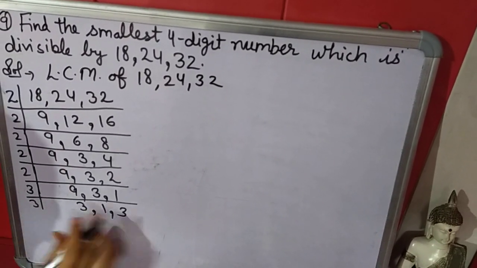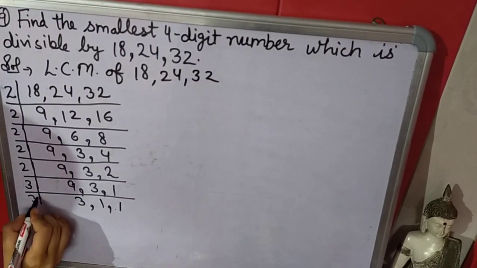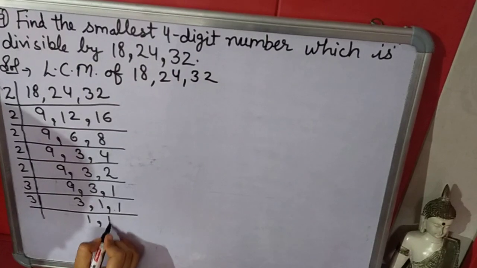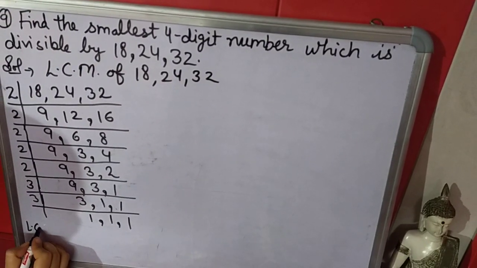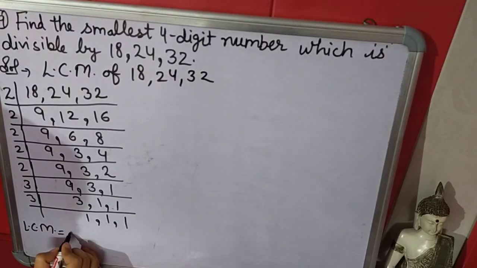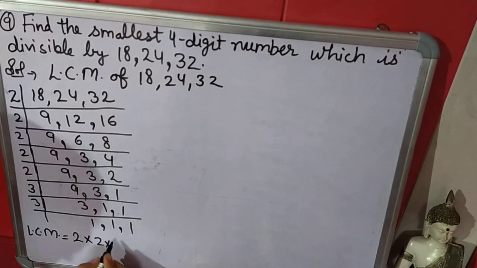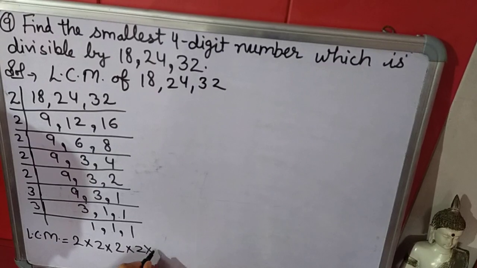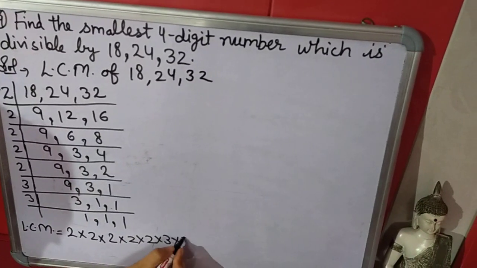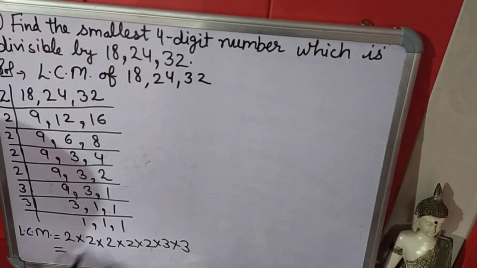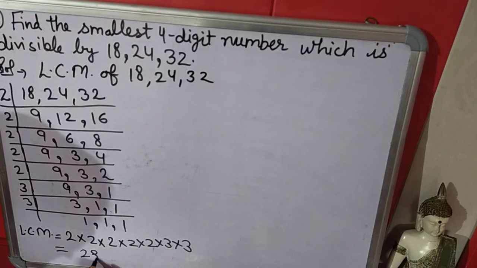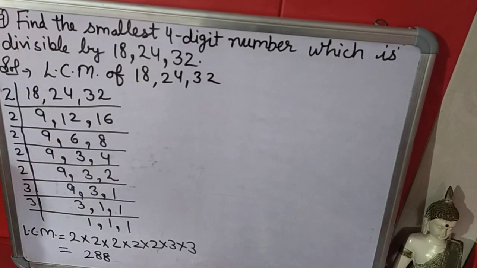Now again on 3. Now we will take LCM of these, and now we will multiply these numbers. When we multiply these numbers, 288 will come.